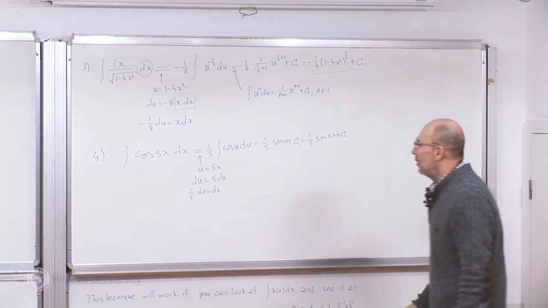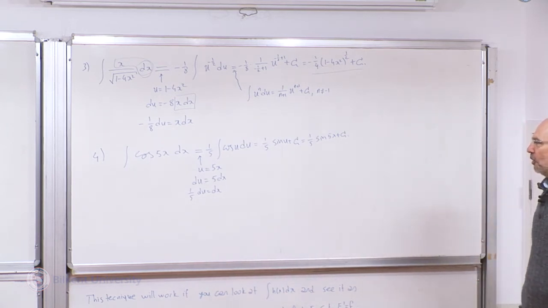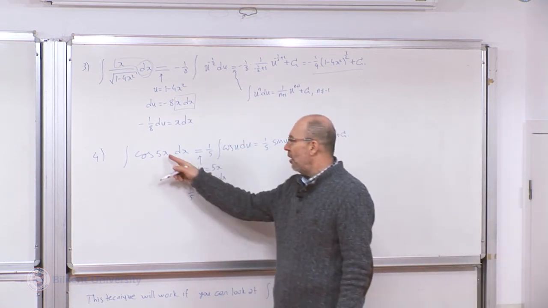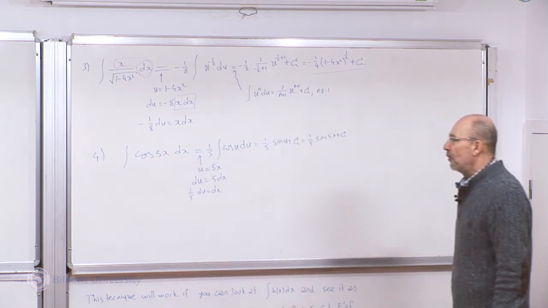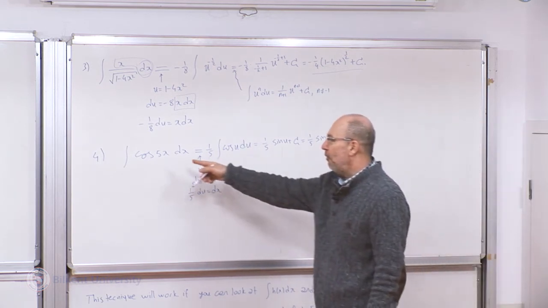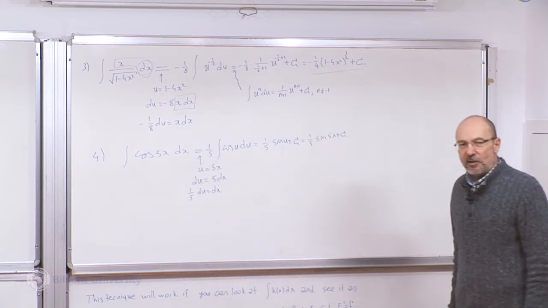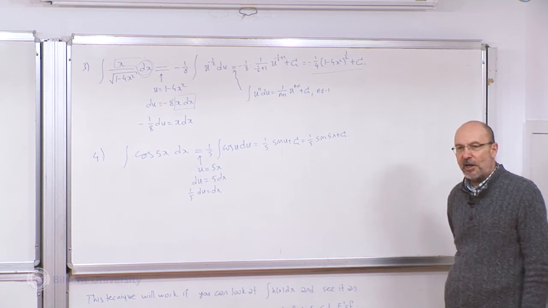Actually, after you get used to this, in these simple problems, you do this mentally without any substitution. The derivative of sine is cosine, so the answer will be sine x, but the derivative of sine x will give you cosine x, not 5x. So put sine 5x; its derivative will give you cosine 5x times 5.